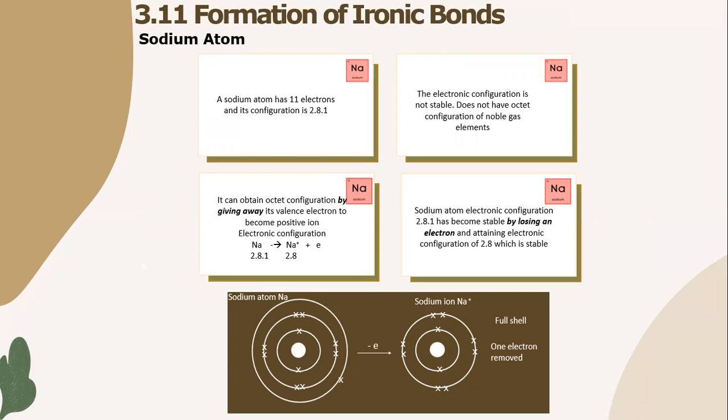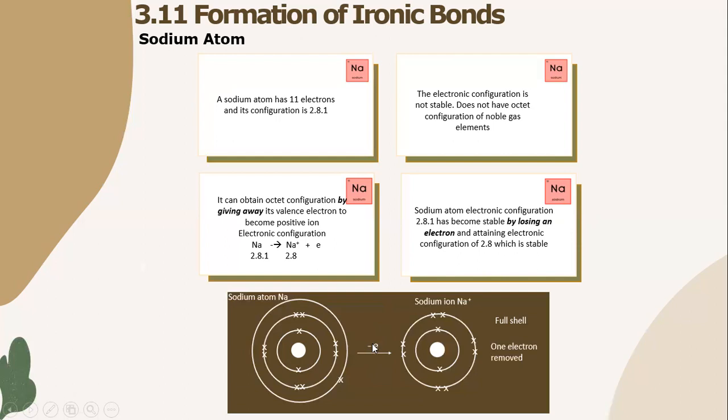In this example, we look at the sodium atom. The sodium atom has 11 electrons and its configuration is 2.8.1. The electronic configuration is not stable, as it does not have the octet configuration of a noble gas element. It can obtain octet configuration by giving away its valence electron to become a positive ion.